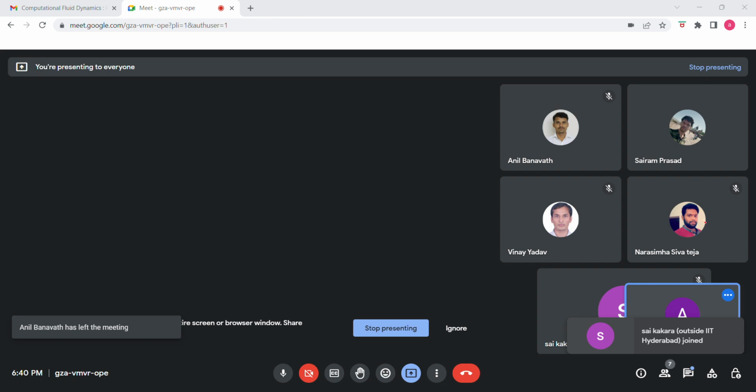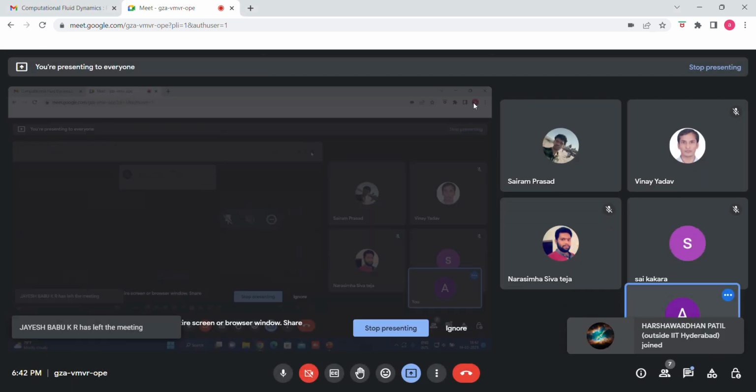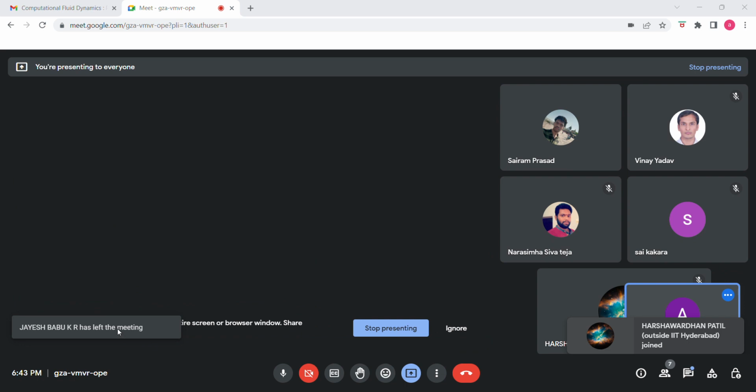So let this be the Laplace equation, and it will be del square, and for Laplace equations we'll put it as 0.